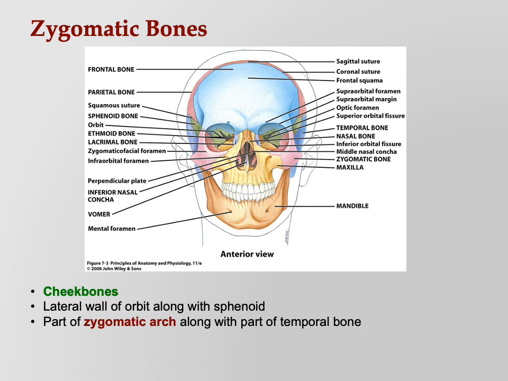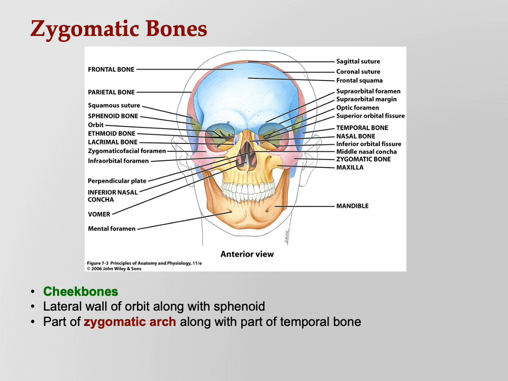Now the zygomatic arch is composed of 2 bones. It's composed of the temporal bone and the zygomatic bone. Now here's a cool thing. The temporal bone has what's called the zygomatic process. The zygomatic bone has the temporal process.